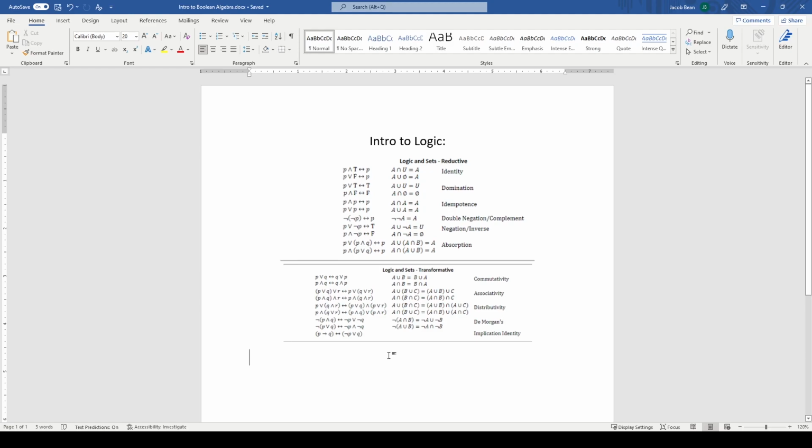So right here I have the formula sheets for the logic and sets, and I purposefully chose the ones that have the set identities next to them because I really like showing people how logic and sets are really two sides of the exact same coin.